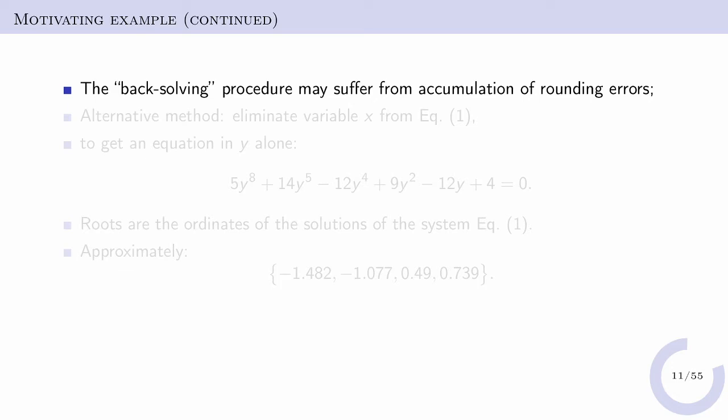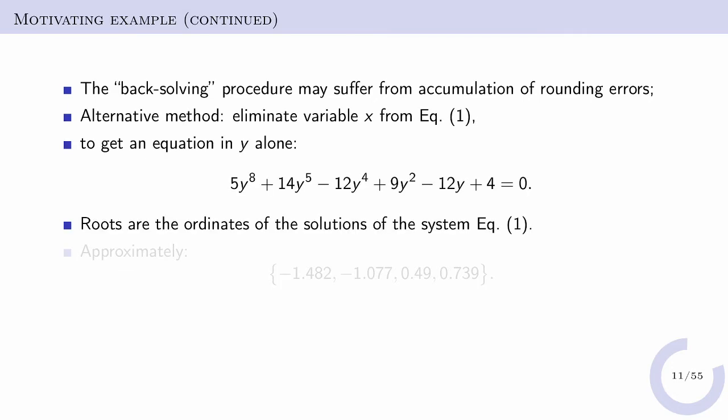However, there is another strategy, an alternative method: to eliminate another variable. In the first case, we eliminated y, and we arrived at a univariate equation for x. But nothing prevents us from eliminating x. We can get rid of x, eliminate it, and get a univariate polynomial in y.